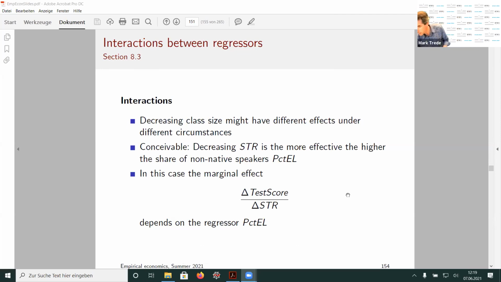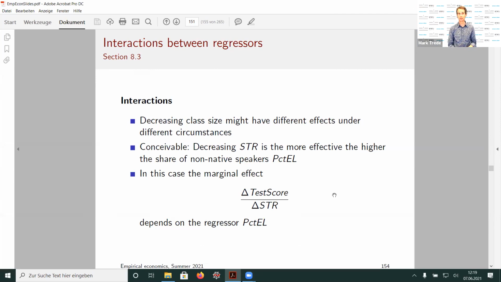And here we go. So today we are going to talk about interaction terms. What do we mean by interactions? Well, let's have a look at our running example again. We always looked at this example where we tried to explain the test score outcome in various school districts by the average class size in that district.